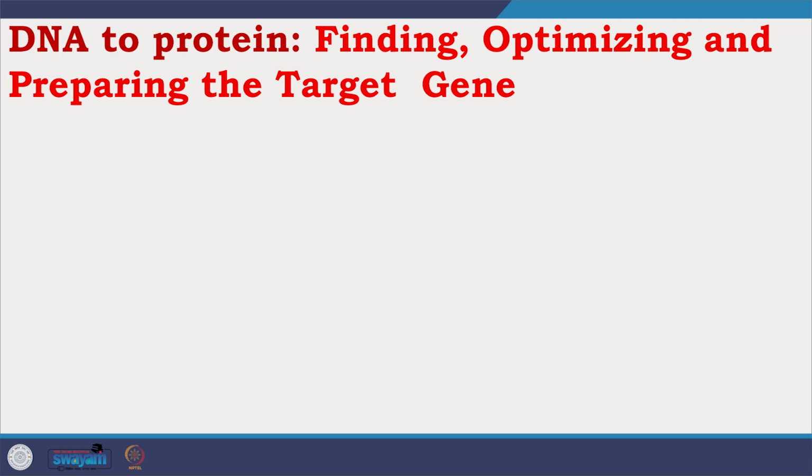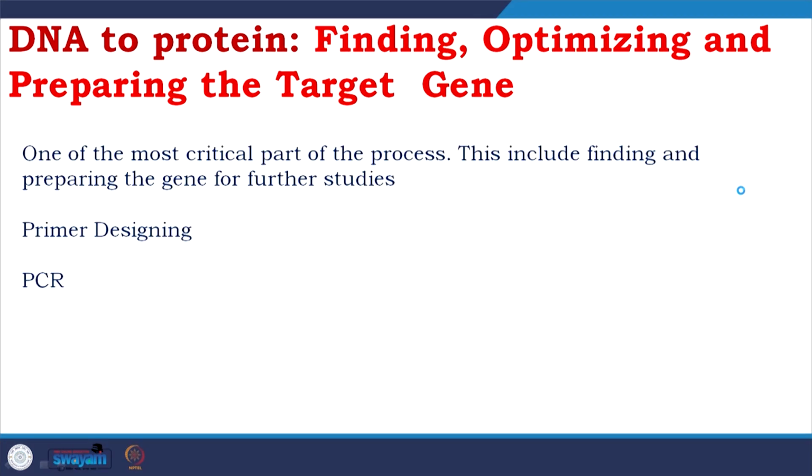But because it is a structural biology course, I will not definitely go into the detailed technique of molecular biology, but I will definitely represent bacterial cloning as the simplest system, so that you could understand the entire process and the process details. So, one most important part is which gene you want to make protein from and go for crystallography. So, finding, optimizing and preparing the target gene.